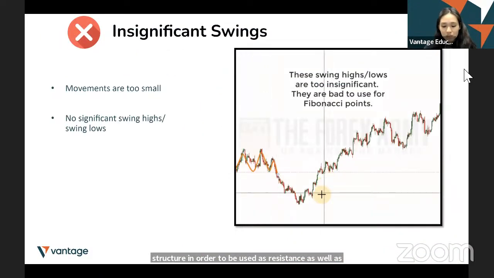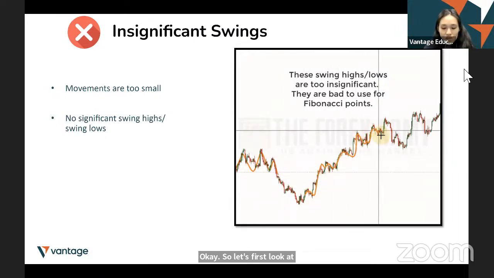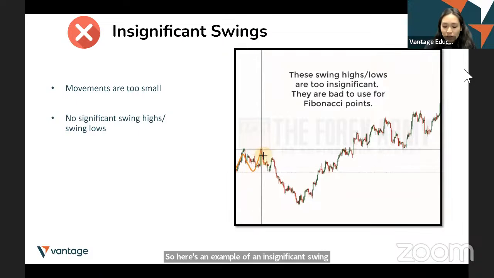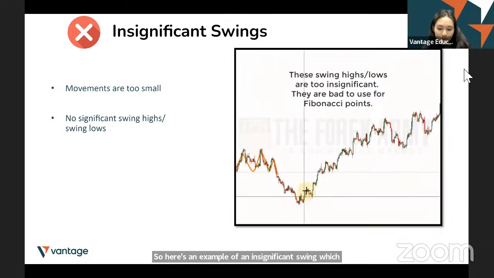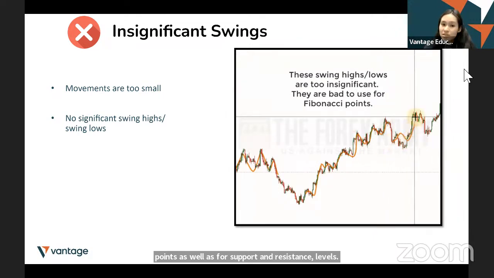Let's first look at an incorrect example. Here's an example of an insignificant swing, which is not suitable to use for Fibonacci starting and ending points, as well as for support and resistance levels. Why is it insignificant?